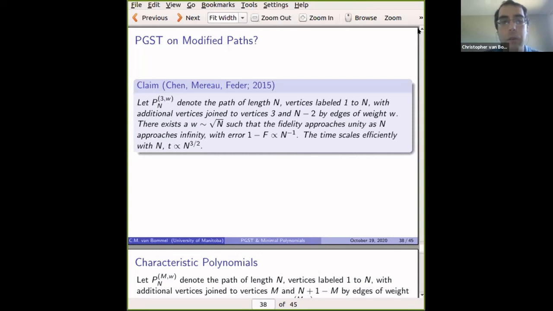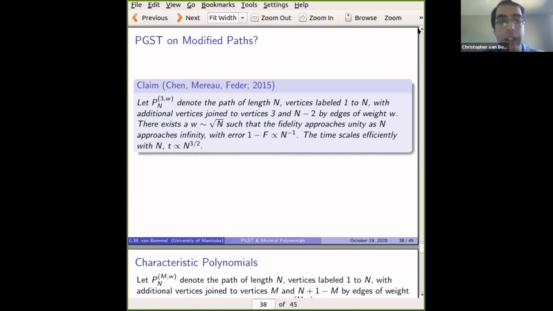And with this weight proportional to the square root of the length, they're getting increasing probabilities of essentially almost fully transferring the state.